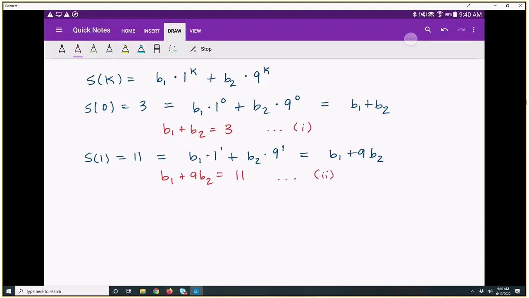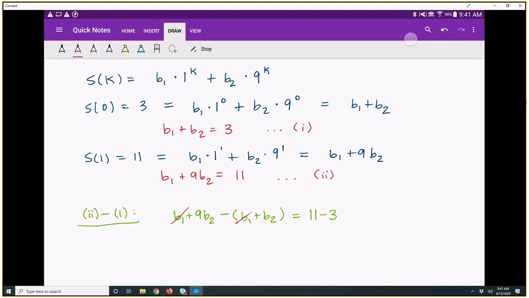So I will take equation 2 and subtract equation 1. On the left side, that's going to be b1 plus 9b2 minus b1 plus b2. On the right side, 11 minus 3. So you can see I have b1 minus b1, so that will go away.